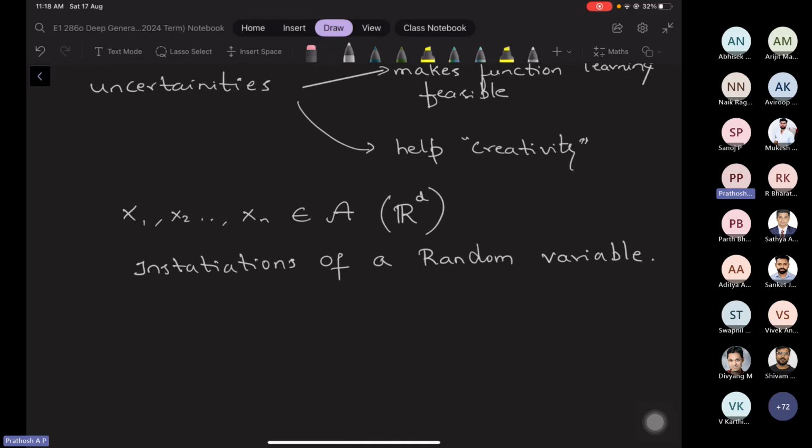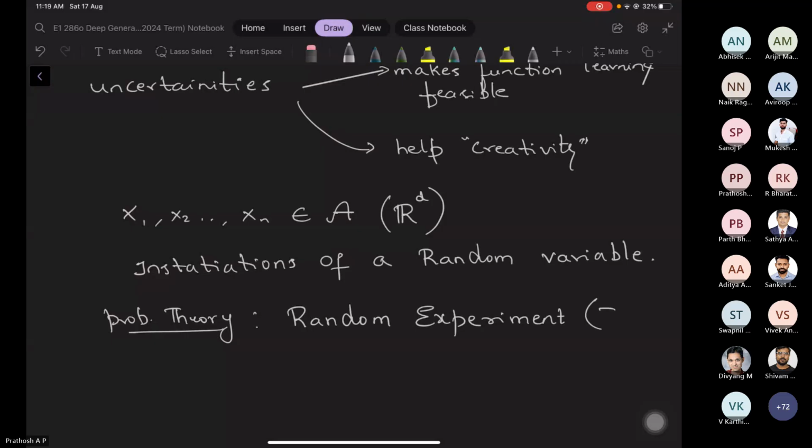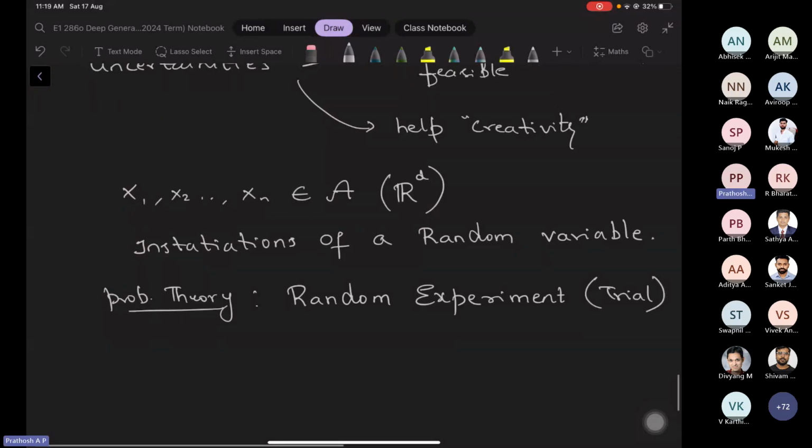The way the probability theory is structured is the following. It all starts with probability theory. So it starts with something called a random experiment or a random trial. Please pay some attention here. There is a random experiment or a trial that is happening. Why is it called a random experiment?